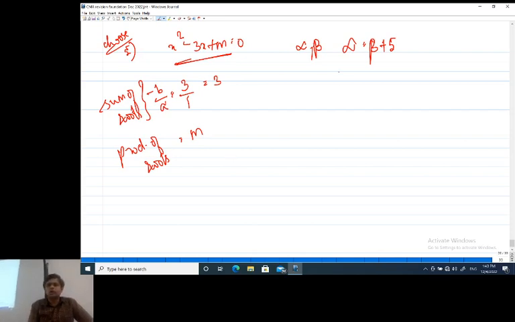So I know alpha plus, this is nothing but alpha plus beta. I know alpha is beta plus 5. So 3 equal to beta plus 5 plus beta. Agree? Correct? So the 5 going to this side, minus 2 equal to 2 beta.